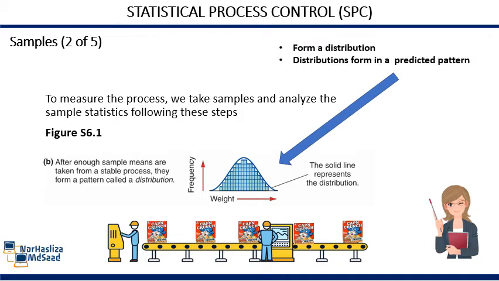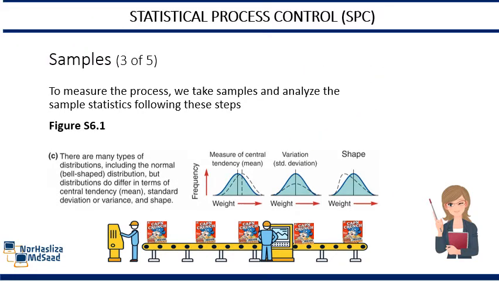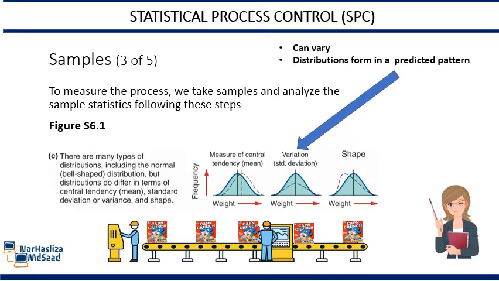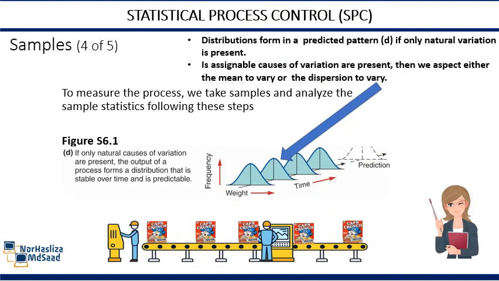At stage C, the samples of 5 boxes of cereal can vary. The distribution formed in C will fall in a predictable pattern. The distribution forms in a predicted pattern at stage D if only natural variation is present.